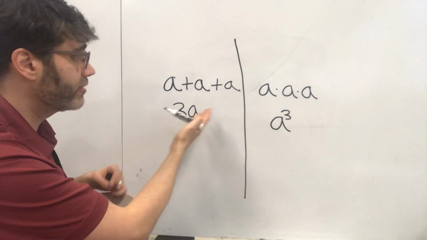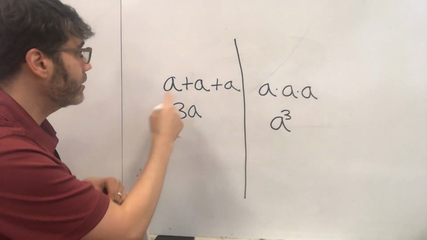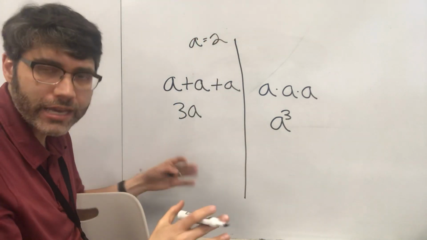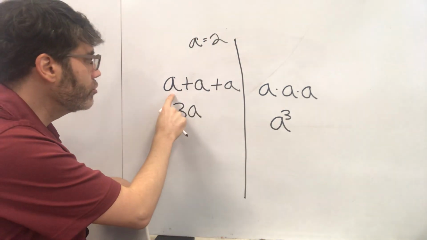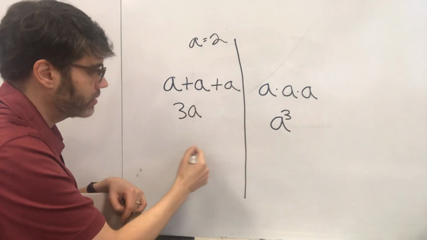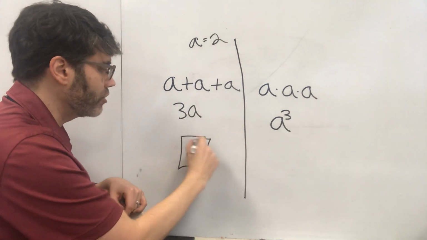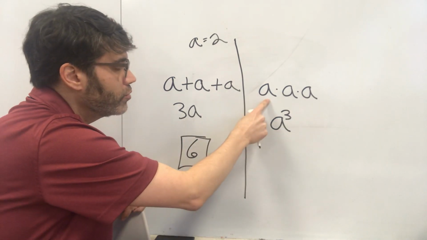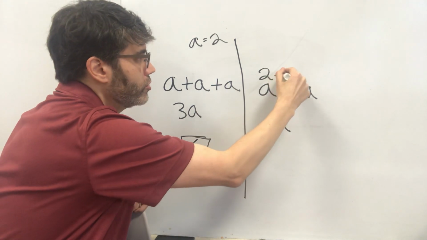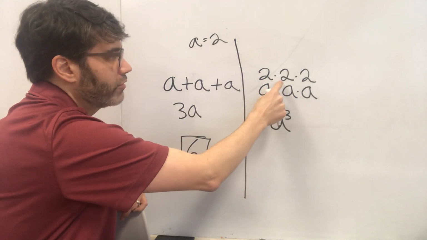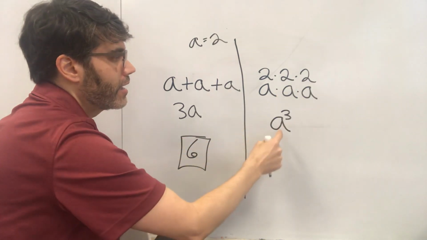Let's just pick a number for a and see how different they are. Let's say that a was 2. A is not always 2, but in this case, let's say a is 2. So 2 plus 2 plus 2 is 6. 3 times 2 is 6. So we get a value of 6 over here. Let's see what value we get over here. 2 times 2 times 2. 2 times 2 is 4. 4 times 2 is 8.